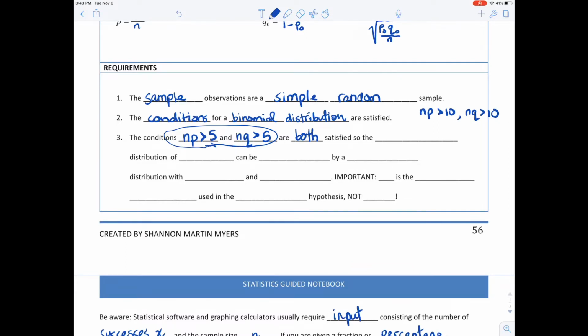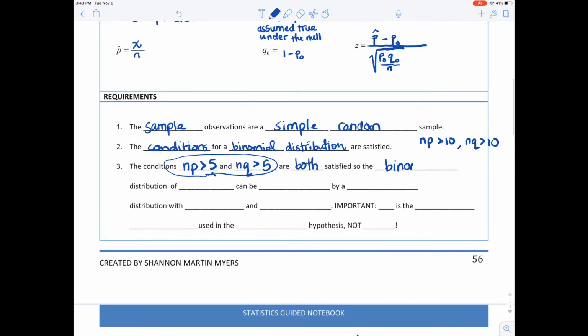So we want to make sure they're both satisfied, so the binomial distribution of successes can be approximated by a normal distribution with mu equal to NP and sigma equal to the square root of NPQ.